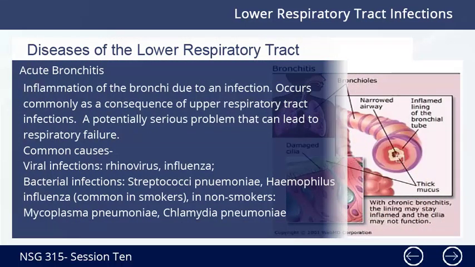Acute bronchitis. Inflammation of the bronchi due to an infection occurs commonly as a consequence of upper respiratory tract infection, a potentially serious problem that can lead to respiratory failure.